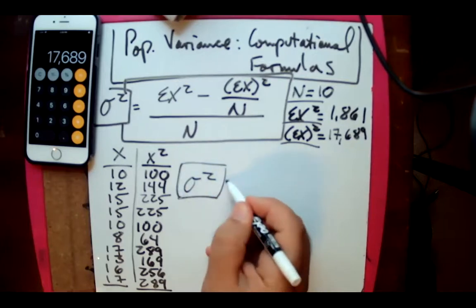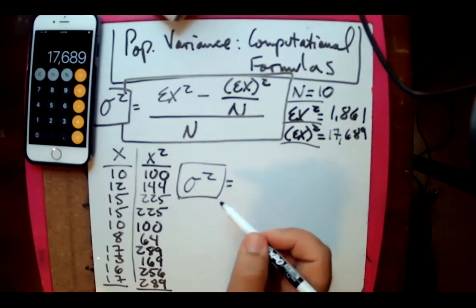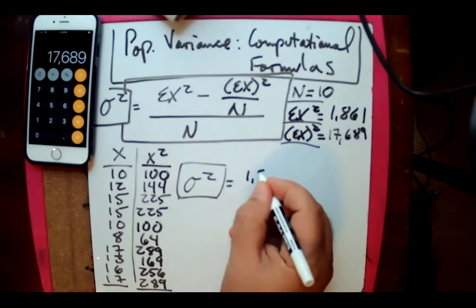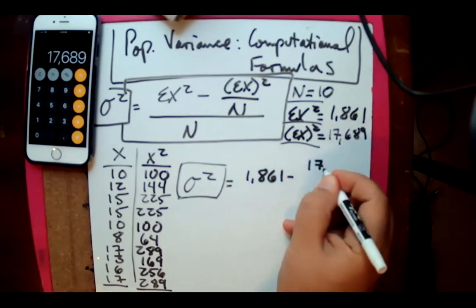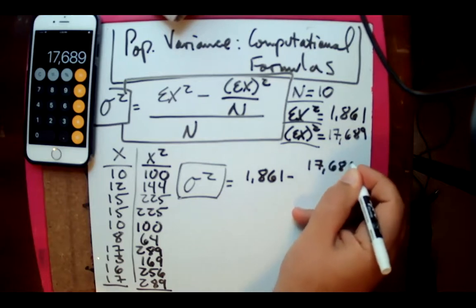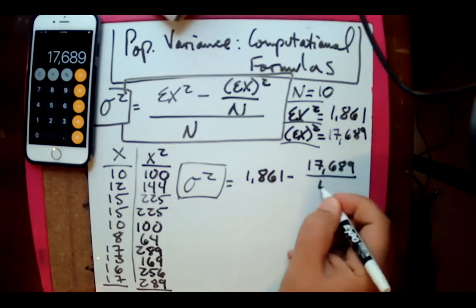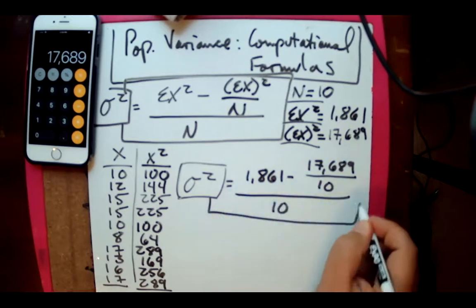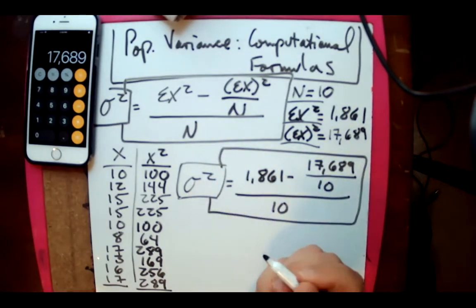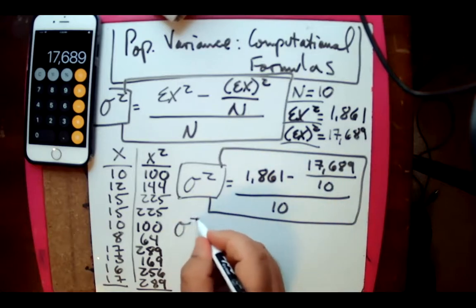So let's make sure everything goes in its right place. We're going to do 1,861 subtract 17,689 over 10, and in our final denominator, 10 again. Voila, right? So let's do this one step at a time.